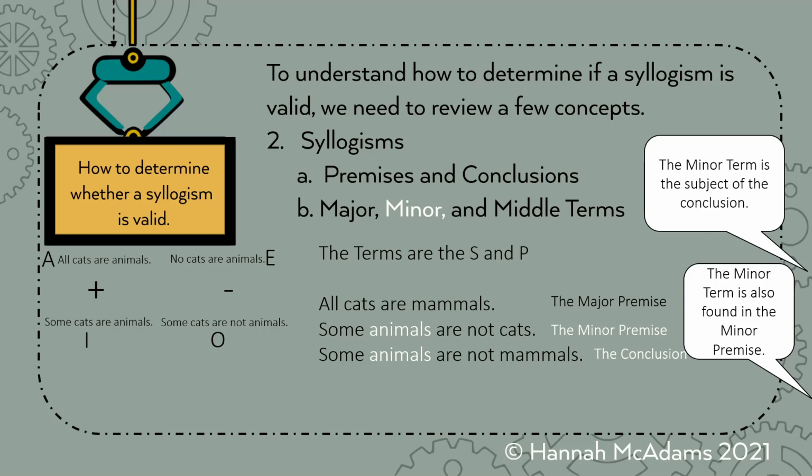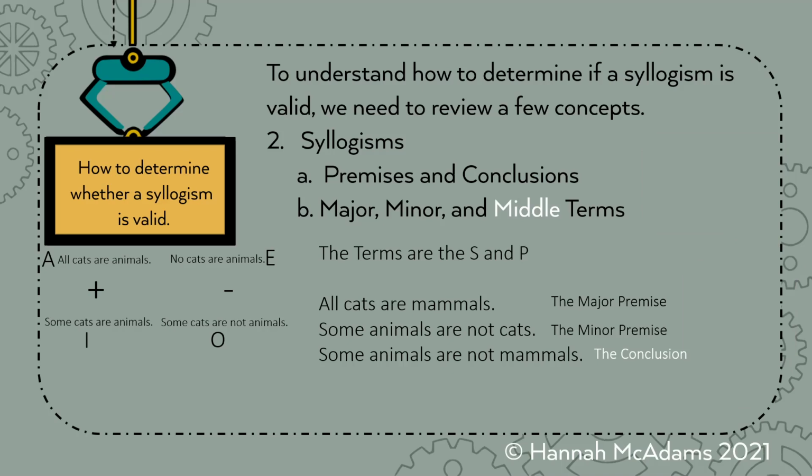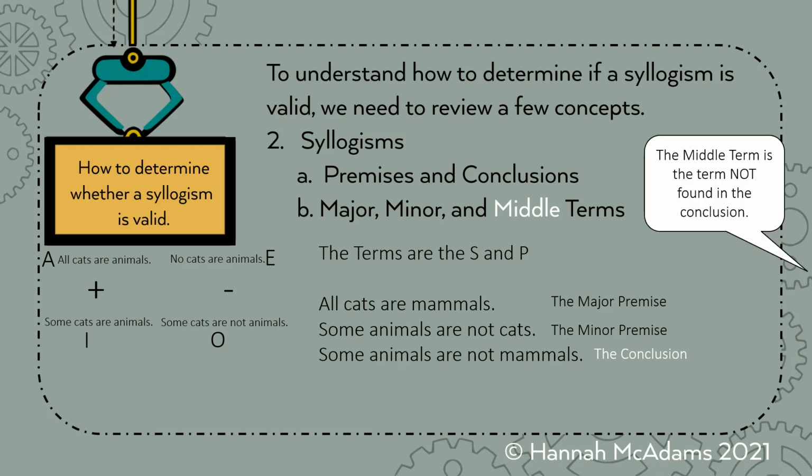Got it? Great. The other term is the middle term. The middle term is the term not found in the conclusion. So we have animals and mammals in the conclusion: some animals are not mammals. So what's the other thing we're talking about besides animals and mammals in the major premise and the minor premise? It must be cats.